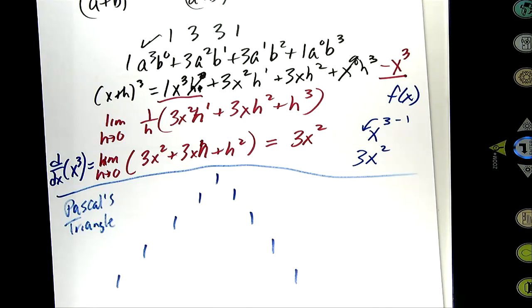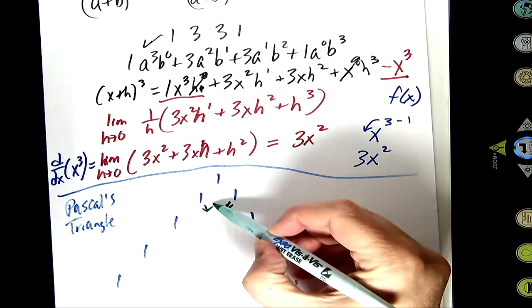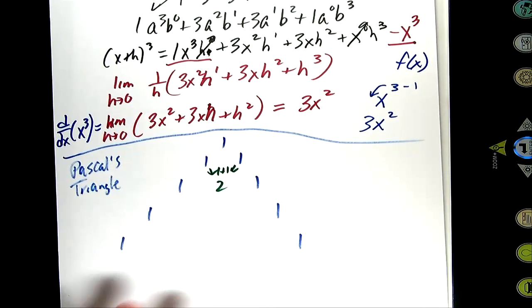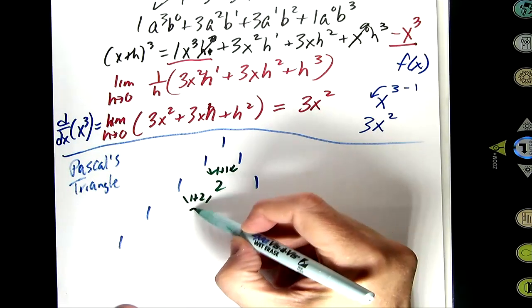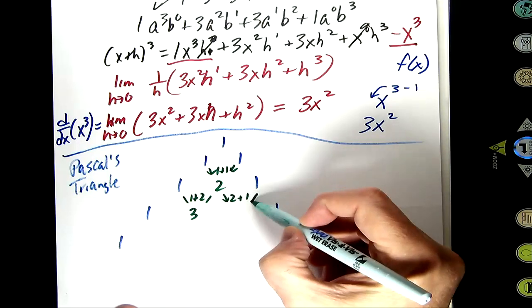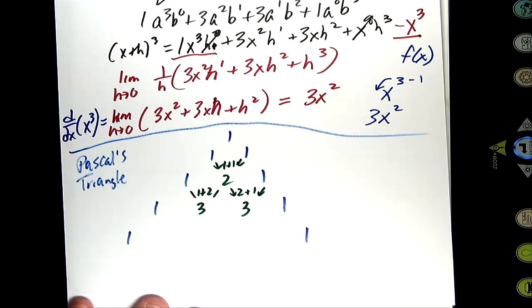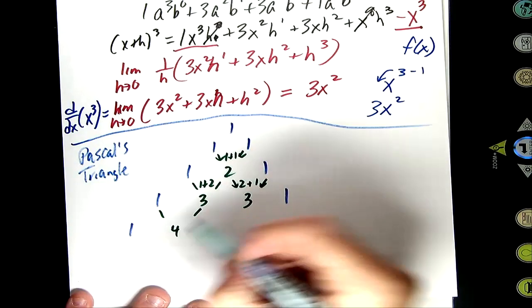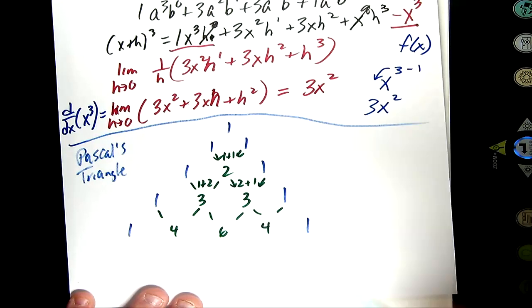And the way you're getting the numbers in between is you're adding these. This is 1 plus 1, I put a 2 there. Here I do 1 plus 2, and I get a 3. 2 plus 1 right here, I get a 3 there. 1 plus 3 is 4. 3 plus 3 is 6. 3 plus 1 is 4.